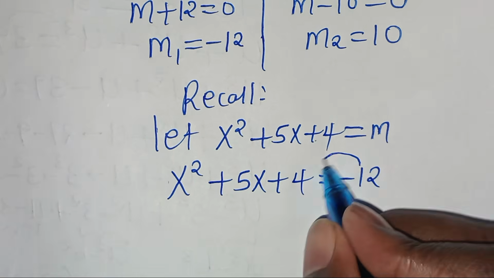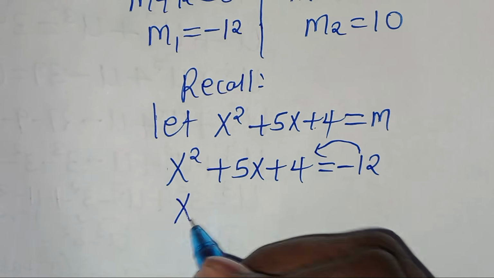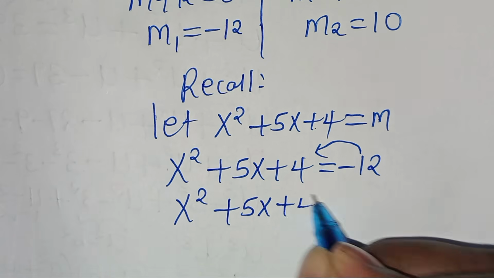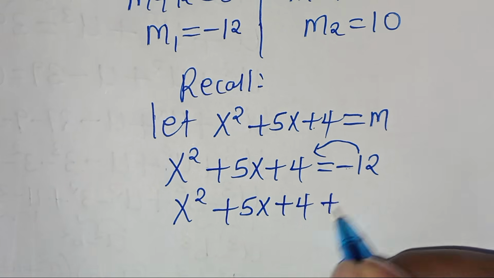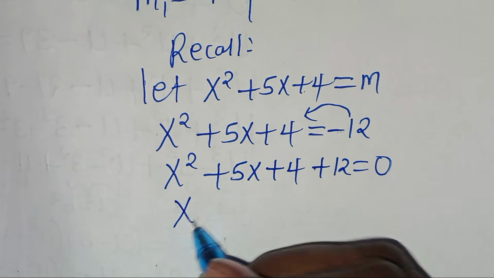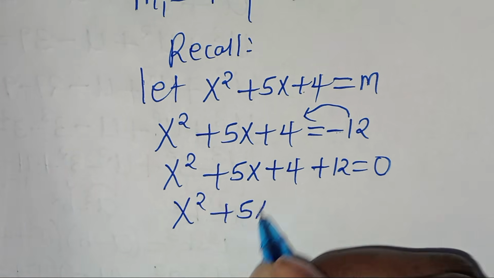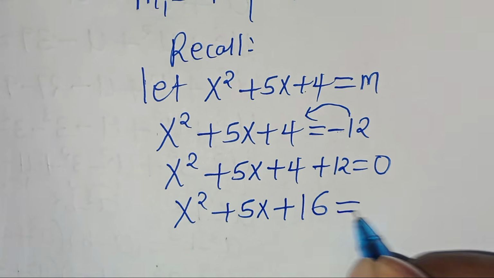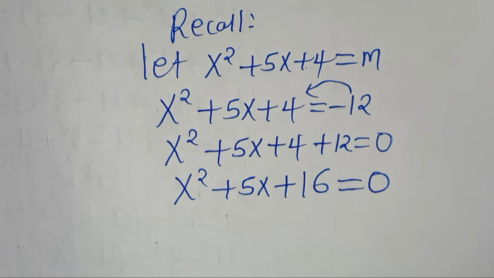Let's take negative 12 to the left hand side. So this is x squared plus 5x plus 4 minus negative 12, which becomes plus 12, so x to the power of 2 plus 5x plus 4 plus 12. This is 16, and this is equal to 0.